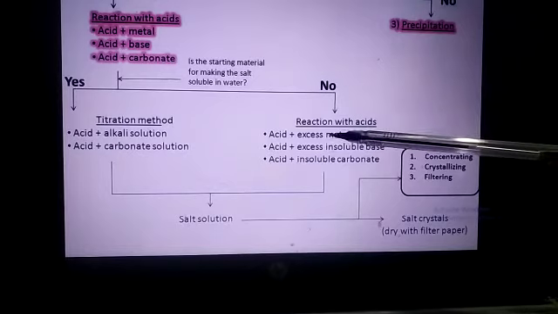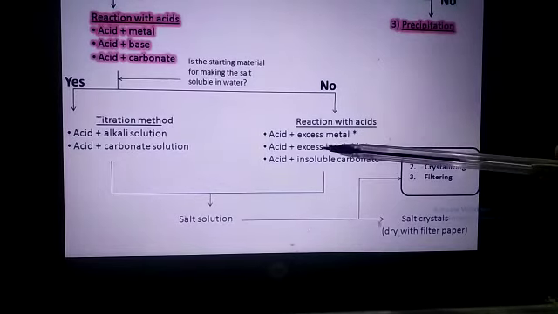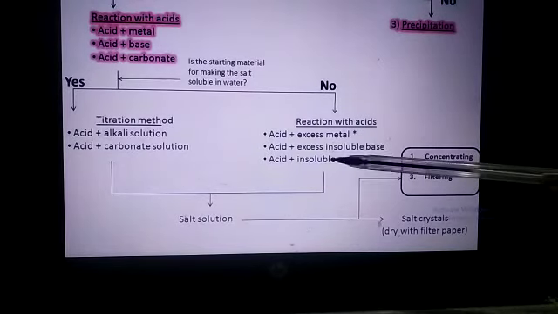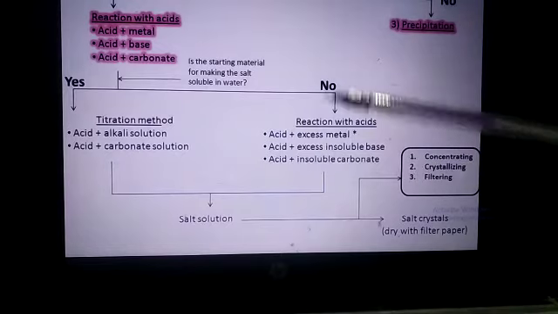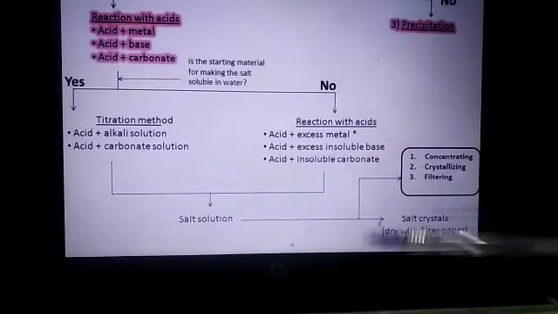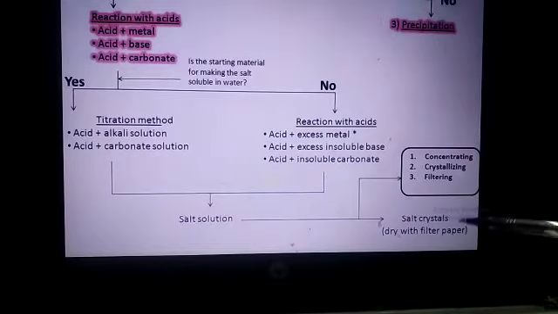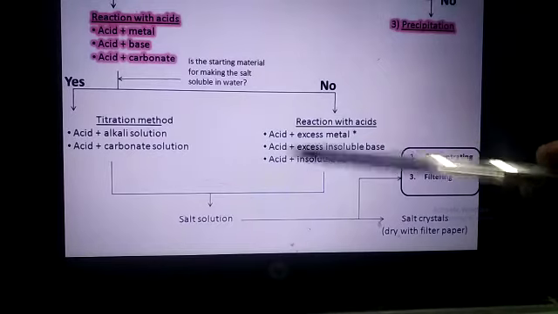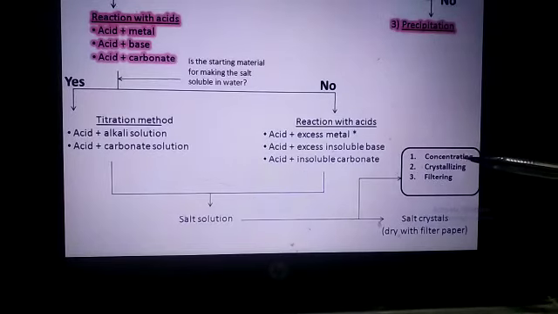And if it is an excess of metal, insoluble base or insoluble carbonate, it reacts with acid to form the salt solution. And then how can we get the crystals of these salts? By concentrating, crystallizing and then filtering.